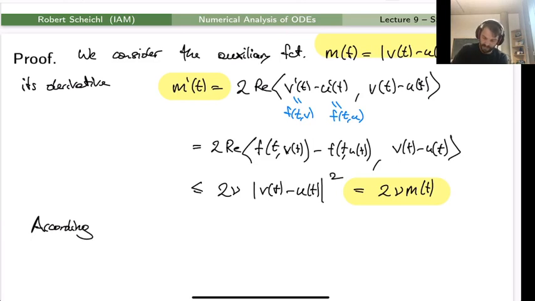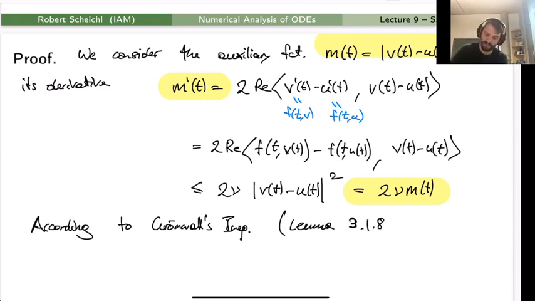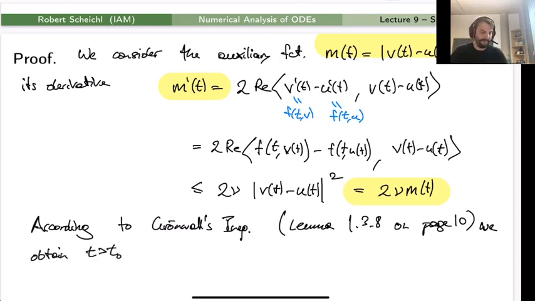So according to Gronwall's inequality, which was lemma 1.3.8, sorry, which is on page 10, we obtain for t greater than t_0 that we have m(t) being actually less than or equal to m(t_0) times e^(2ν(t − t_0)).